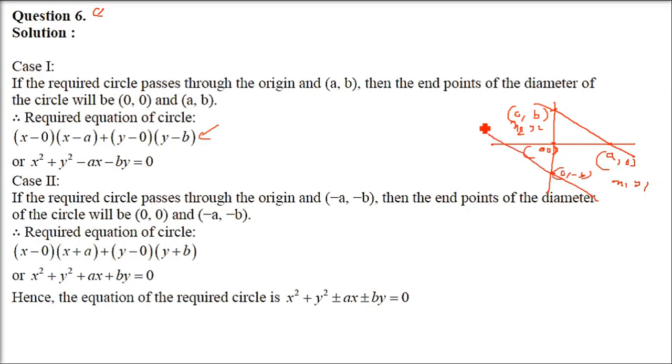This is 0, minus B and this is minus A, 0. Here you can take any one as x1, y1. I am taking it as minus A, 0 and x2, y2 as 0, minus B. So just put it in this equation. The same equation is going to come with a plus sign. So just combine these two equations and write it in the form x square plus y square plus minus ax plus minus by equals 0.